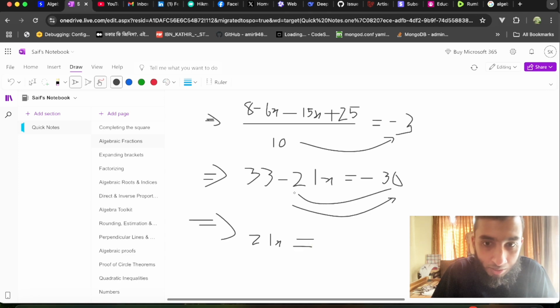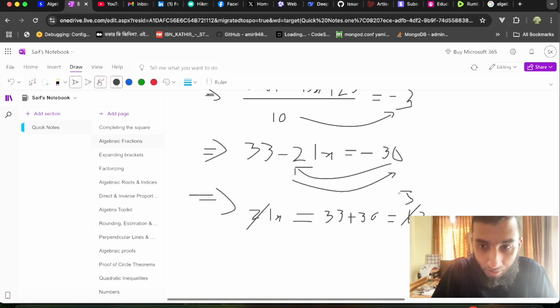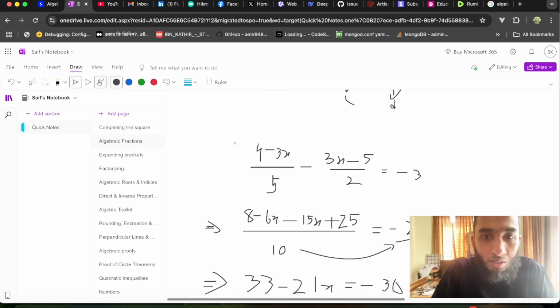If I take minus 30 to the other side, it would be plus 30. So 33 plus 30, which is 63. So 21x is 63. So x is what? x is 3. So this is the solution to the equation. The solution to the equation is x equals 3.